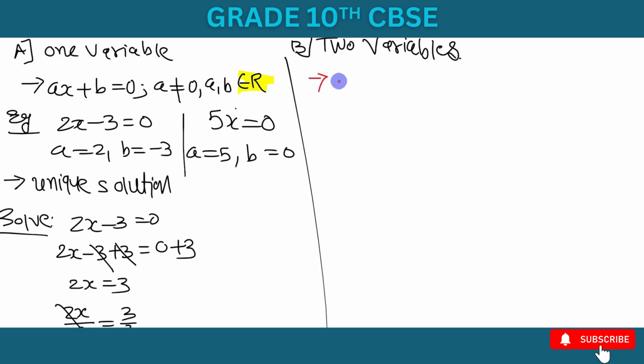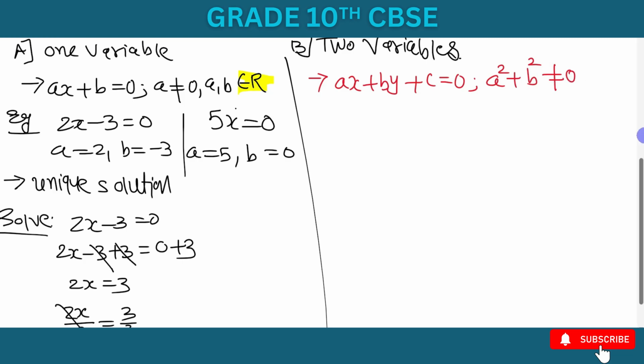Next word coming now, linear equation in two variables. You can understand from the name only, two variables we will write here, x and y, and the general form of this will be ax plus by plus c equal to 0, and the condition is a square plus b square cannot be 0. What is the meaning of this? a and b simultaneously cannot be 0.